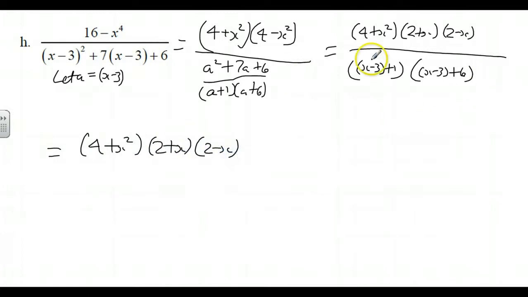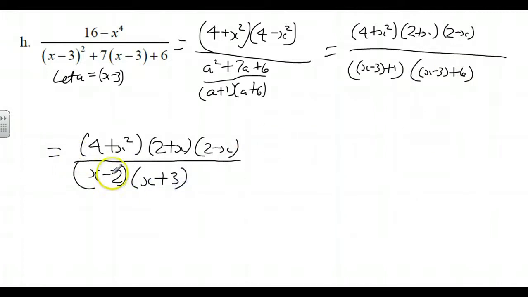We don't have the denominator factored. That's why we are not yet stating the non-permissible values. This is x minus 3 plus 1, or x minus 2. Hey, that's only backwards. Okay, and this is x minus 3 plus 6, which is x plus 3.